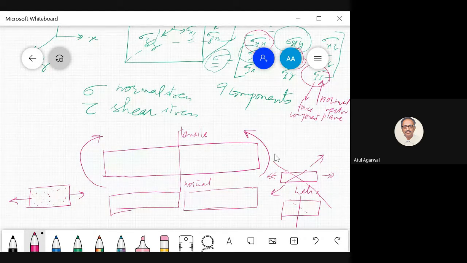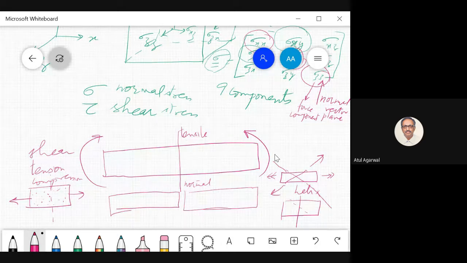There are molecular forces between the particles which makes them stay together. And if you want to bring them apart, you have to apply force. And the force required is large. But there are planes which are weaker. Suppose there is a plane which is weak in tension. There can be a plane which is weak in compression. There are planes which are weak in shear. So there are different kinds of forces.